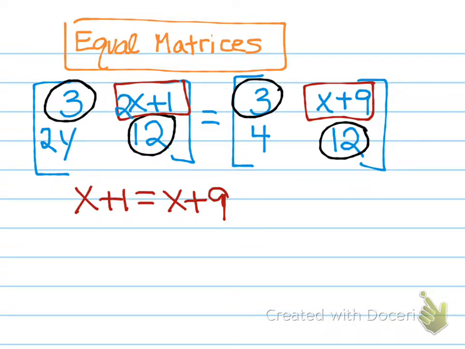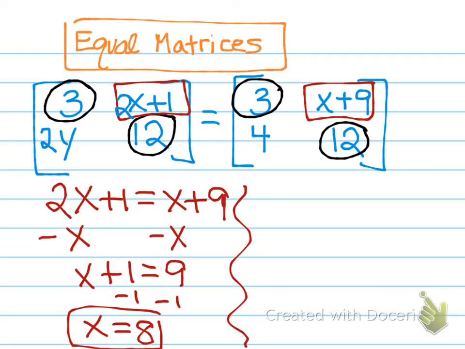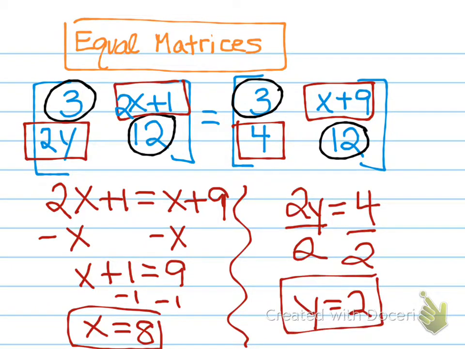I'm going to make it 2x right there, so that we have 2x plus 1. So if I were to subtract x from both sides, I'd have x plus 1 equals 9. Subtract 1 from both sides, x equals 8. Then we also know that 2y equals 4. So we just divide both sides by 2, and y equals 2. So in a problem like this, I would ask you to, given the fact that these 2 matrices are equal, solve for the variables.